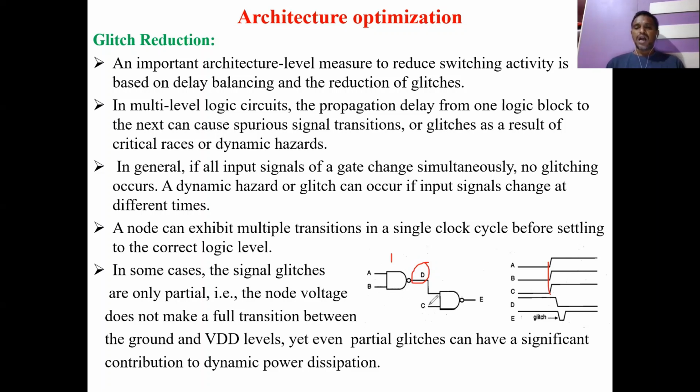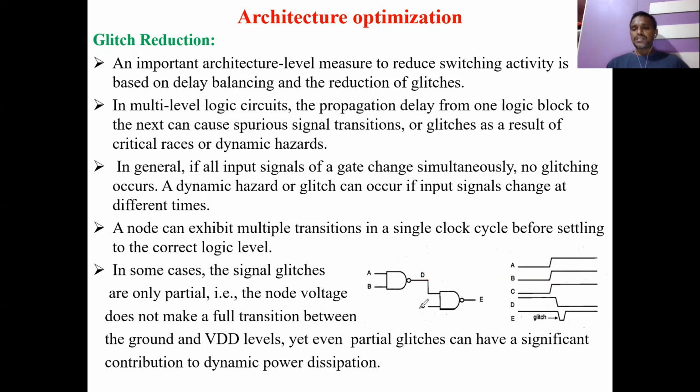C has already reached the second gate input, but D cannot reach the second gate input at the same time as A, B and C. Due to that, we will get wrong outputs.